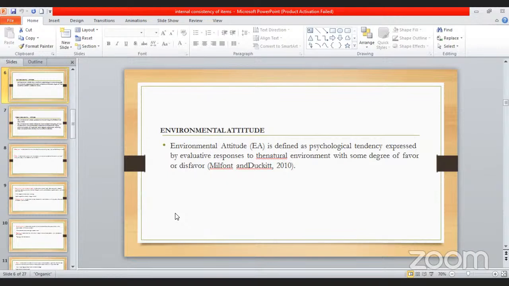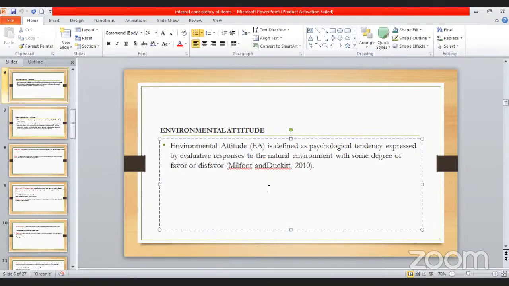What it actually means is the reactions or tendency expressed by people towards the natural environment with a degree of favor or disfavor. The expression can be favorable or disfavorable. So we are going to measure the environmental attitude of the person. Next.